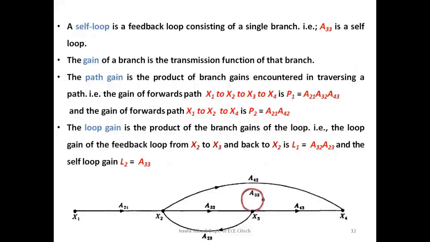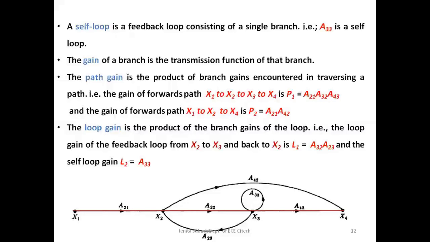The gain of a branch is the transmission function of that branch. The path gain is the product of branch gains encountered in traversing a path. That is, the gain of the forward path starting from x1, x2, x3, x4 is the product of all the branch gains. We have 3 branches from x1 to x2 to x3 to x4.